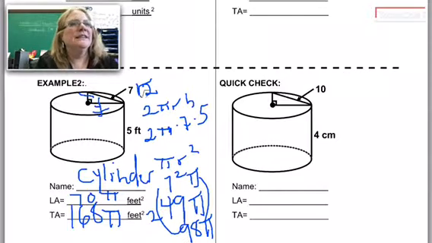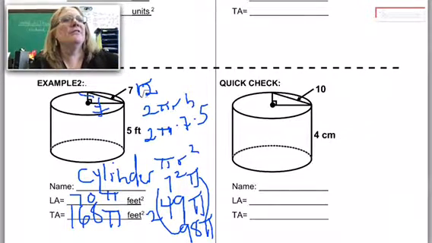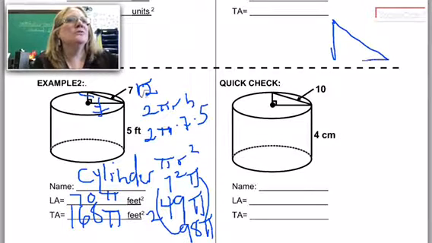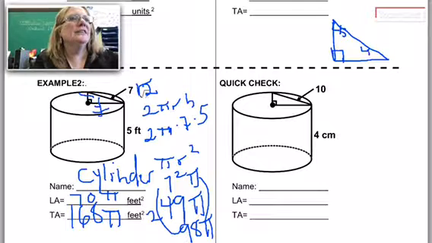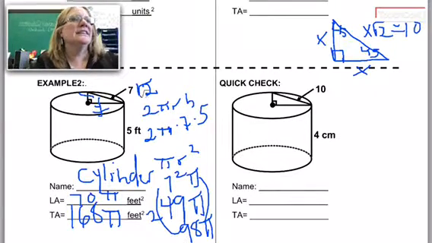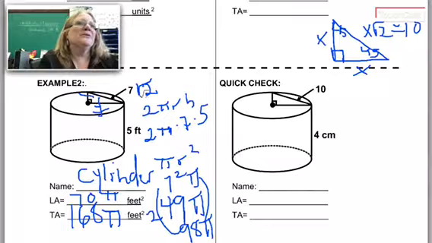Okay, hopefully you did. Now this one, hopefully you remember, is again a 45, 45, 90 triangle. Let me draw this one a little bigger. So we have 45, 45, 90. We have x, x, and x square root of 2. Our picture is telling us that x square root of 2 is equal to 10. Hopefully you remember that x is going to be half of that times the square root of 2. If not, you could solve for it.